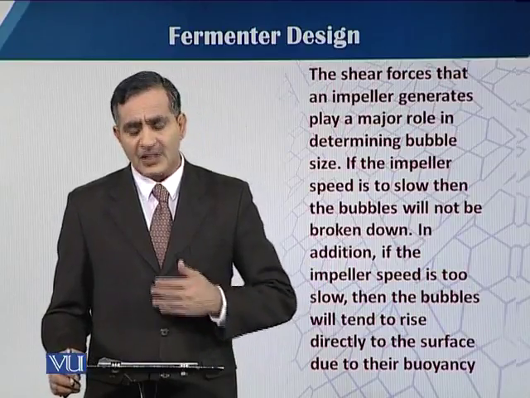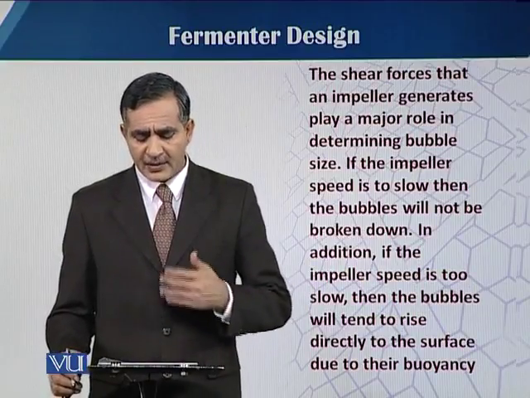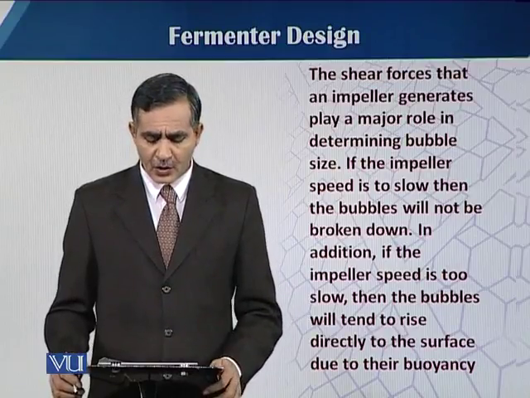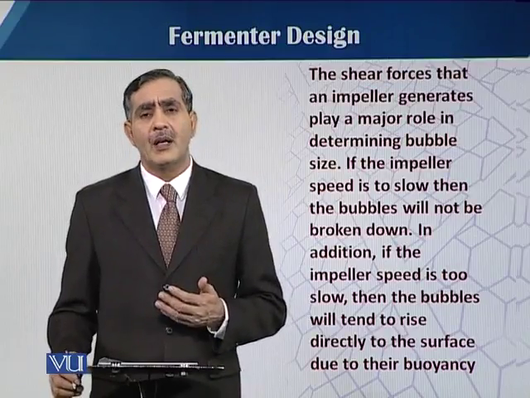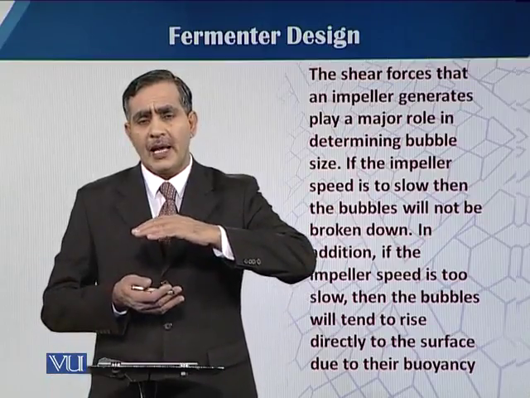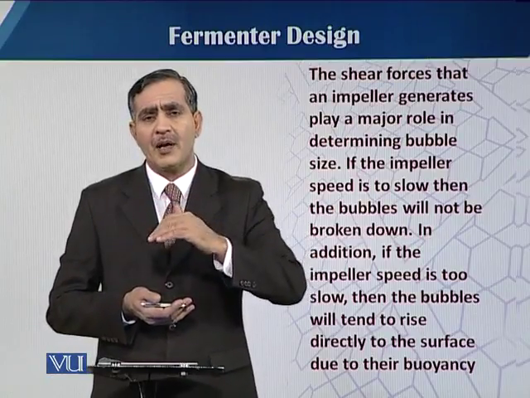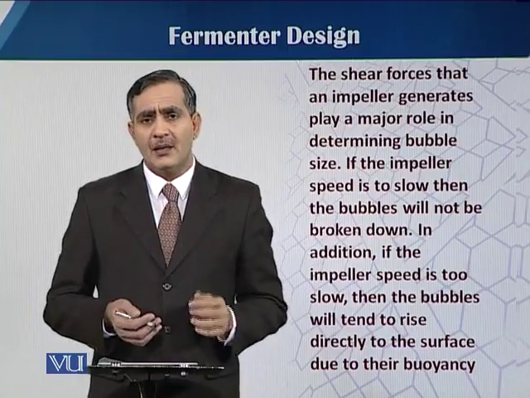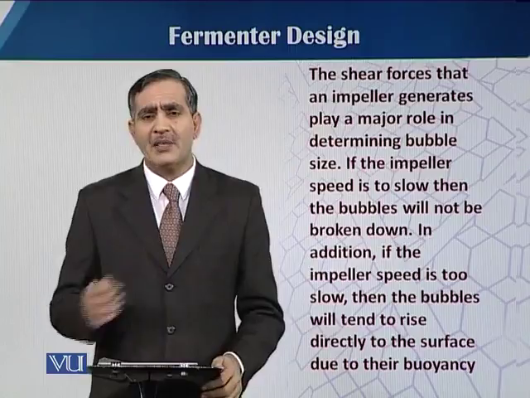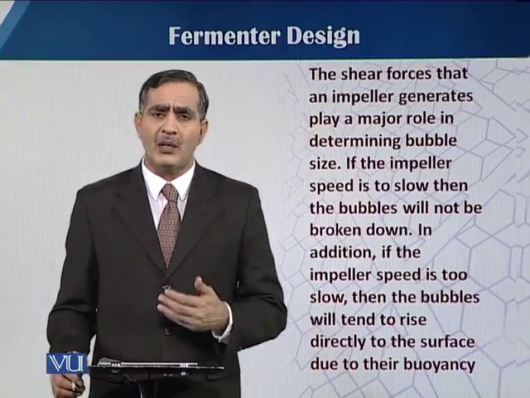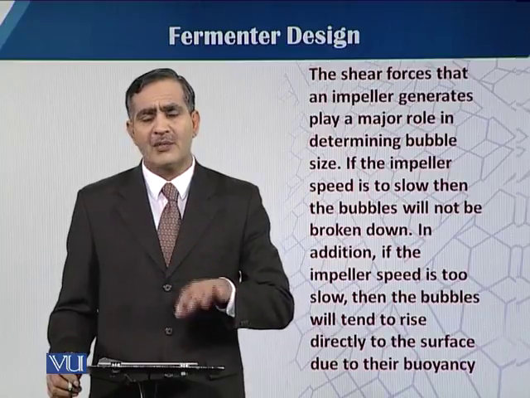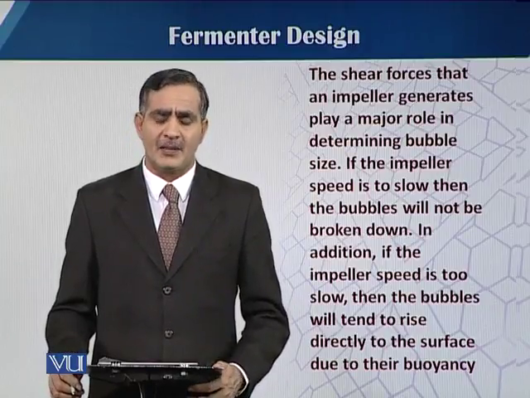The shear forces that an impeller generates play a major role in determining the bubble size. Besides the distance from the sparger to the impellers, the speed of the impeller also has a role in the formation of the bubble size as well as the distribution of the bubbles.